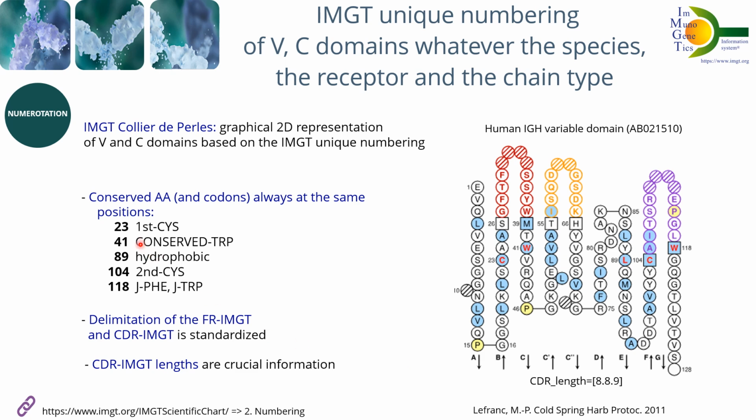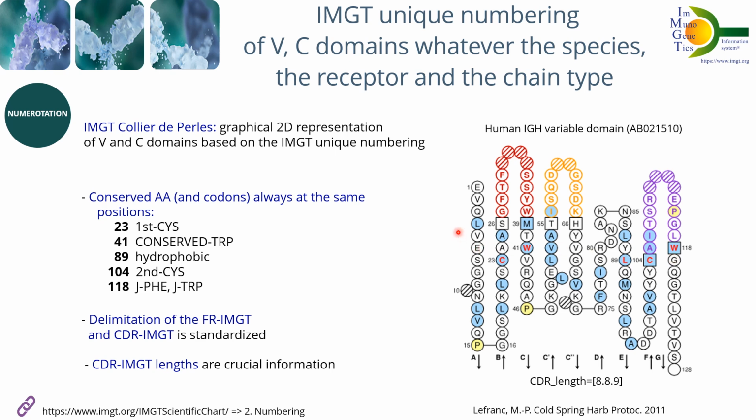According to the IMGT unique numbering, the amino acids or codons that are conserved, whatever the species in a variable domain, are always at the same position. For example, the cysteine 23, the tryptophan 41, the cysteine 104 of the V gene, and the tryptophan 118 of the J gene.